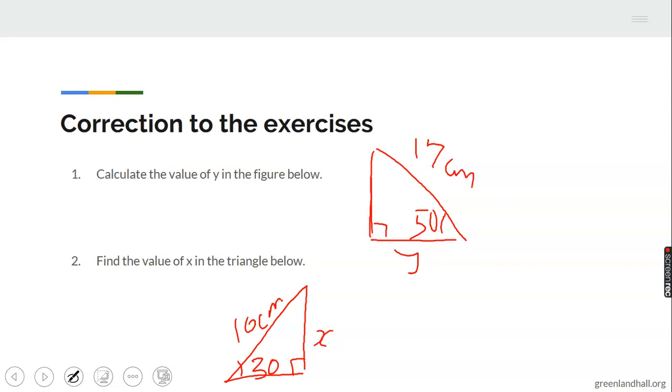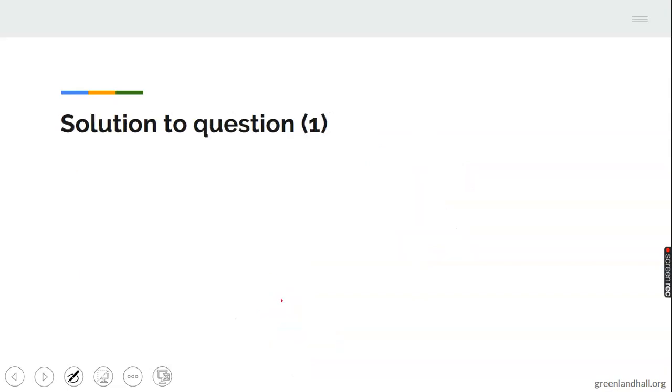If you look at that, we have 50 degrees. Where the angle is facing is the opposite side, and we have the hypotenuse side and the adjacent side, and we have the angle. So what are we using? We are using cos 50 degrees equals adjacent side over hypotenuse side. Your hypotenuse is 17.